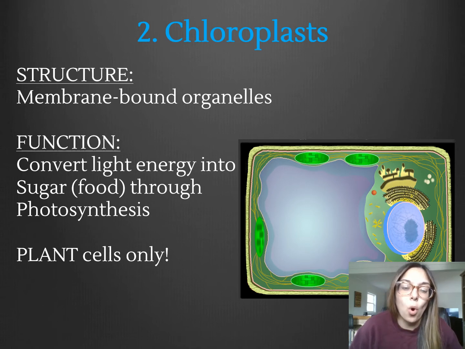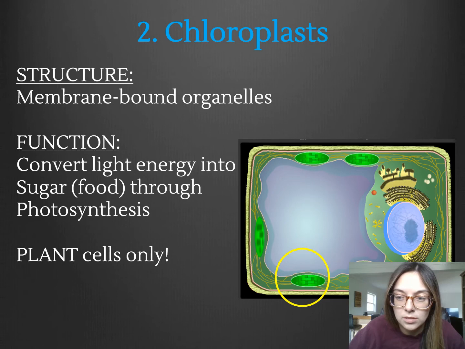This happens only in plants, okay? And the chloroplast contains chlorophyll, which is the green pigment. So that's why many plants are green. Okay, that's just pointing out that chloroplast.